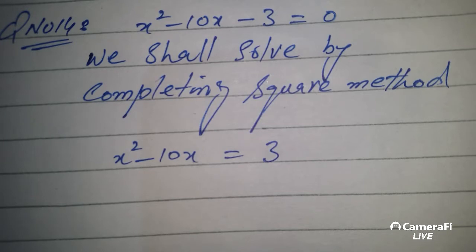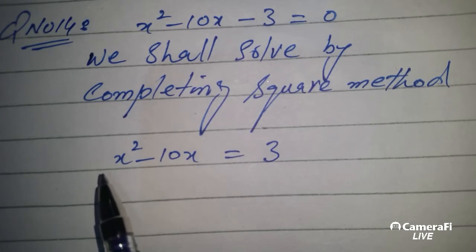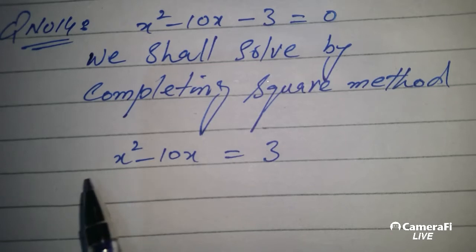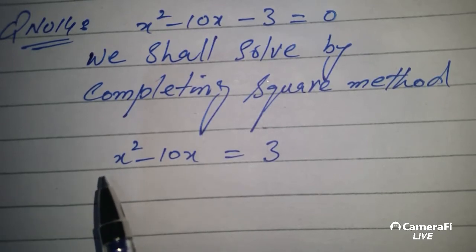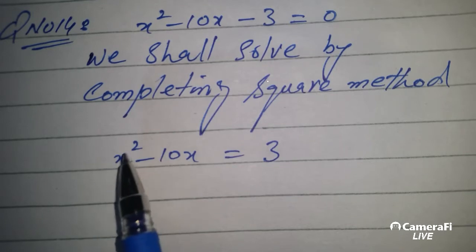If there is any other coefficient like 2, 3, 4, any number here, we will divide by that number throughout. So luckily we have x square here, just the x square, and the coefficient is 1. You remember that 1 is not written in mathematics as a coefficient, but it is understood that this is 1x square.